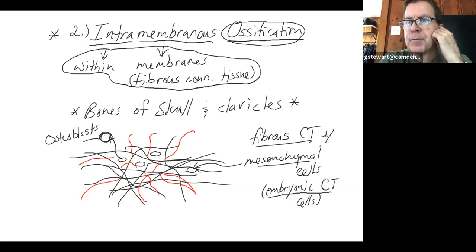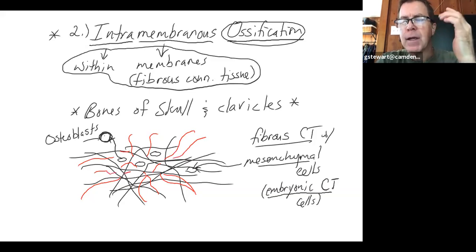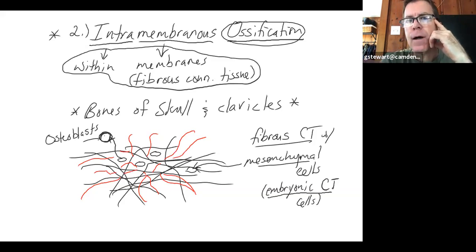Ossification almost always occurs in a similar fashion, meaning we need blood vessels to bring the nutrition and calcium, and we need osteoblasts to secrete that organic matrix. Now we have osteoblasts, and we have blood vessels bringing nutrition and calcium to the area. I'll draw an osteoblast over here.